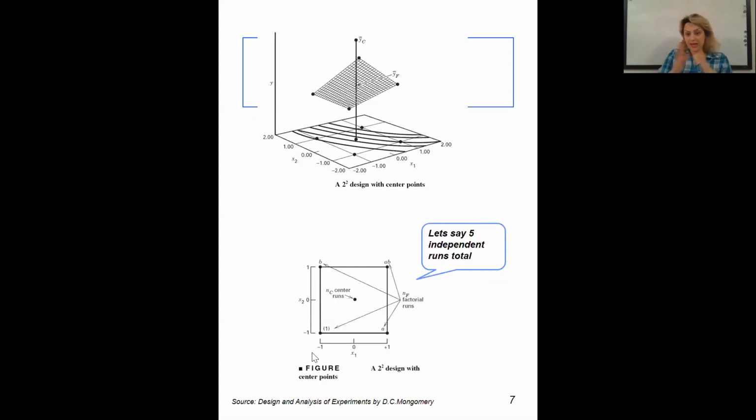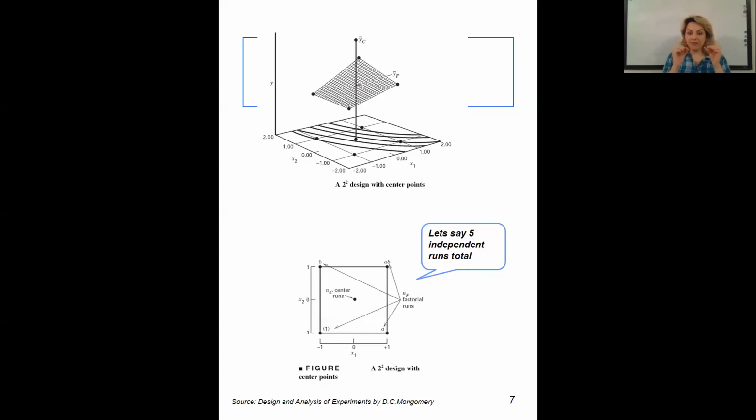Before I go to the next slide, think about the answer to my question. If the average of my center points is almost the same as the average of these 4 corner points, what is that going to give us? Think about curvature.